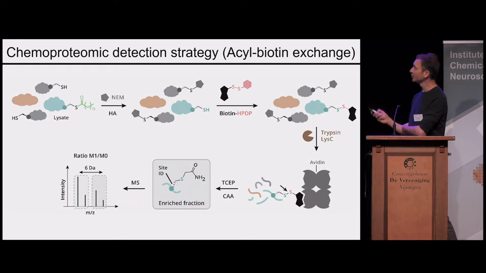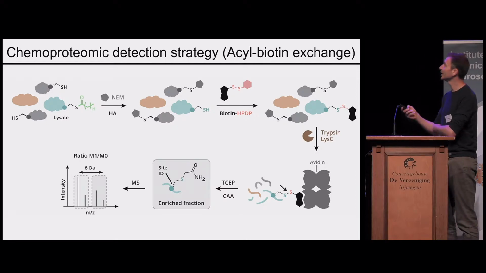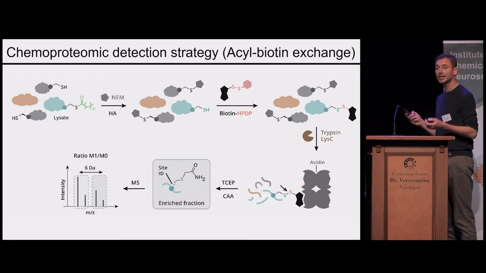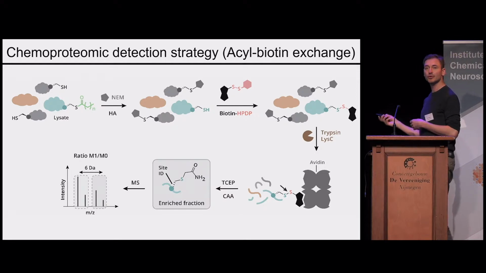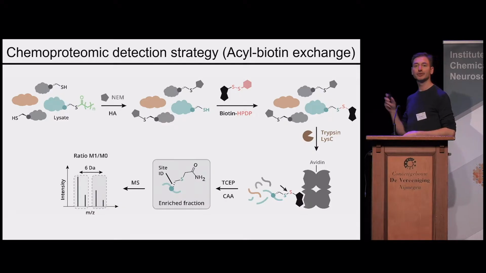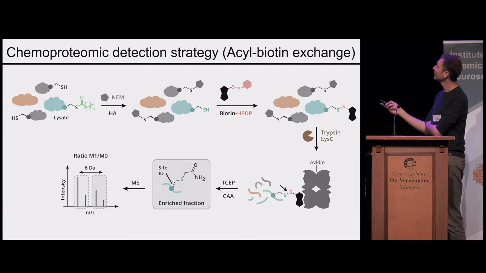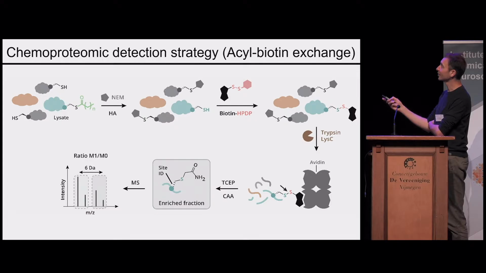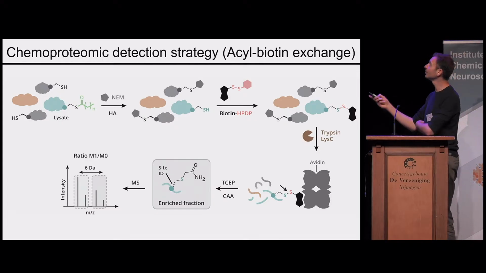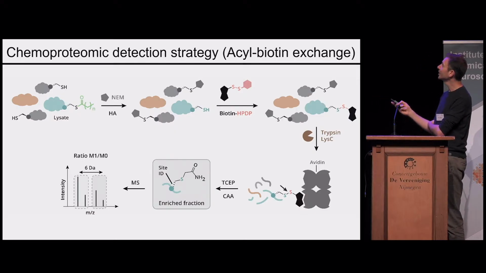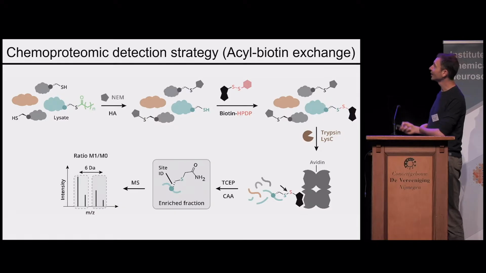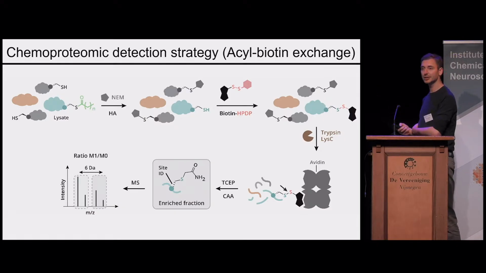The strategy that we use in the lab to study this lipid post-translational modification is this acyl-biotin exchange, which I mentioned before, where we swap the lipid for an enrichment tag, which we can use to pull out these lipidated proteins. So what does it look like in a schematic view on a molecular level? We have our lysate, our protein pools, a complex proteome. We have several cysteines that can be lipidated through this thioester bond. First we block all non-lipidated cysteines.